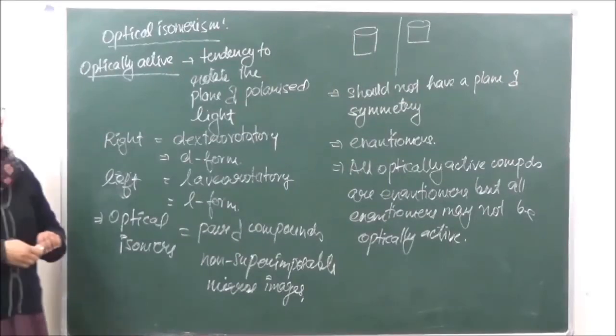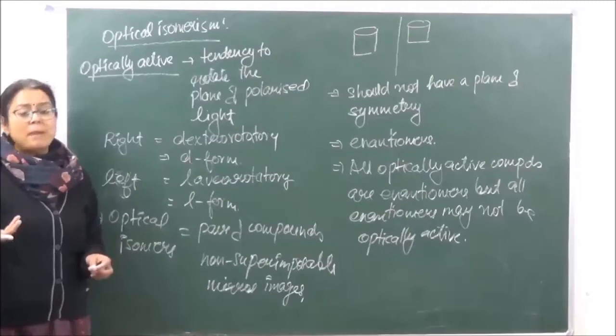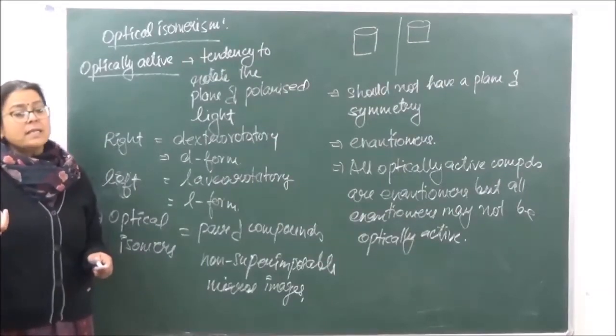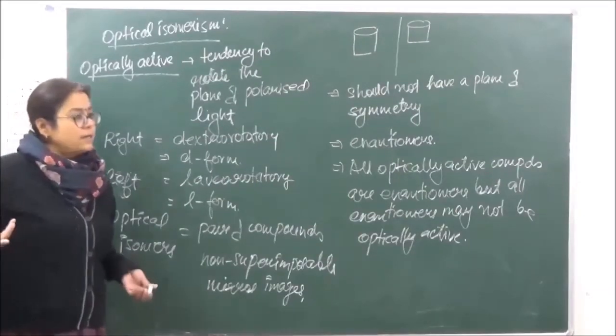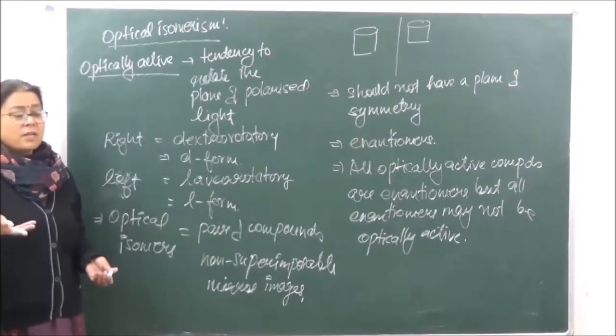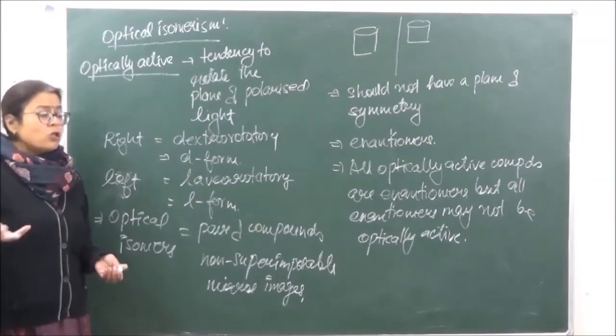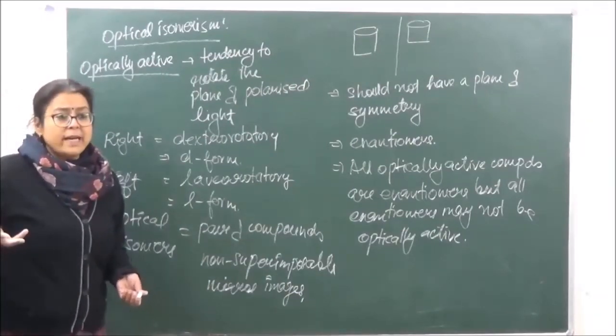Now optical isomerism exists very rarely in square planar complexes because they are all symmetrical. Therefore, those compounds are not going to be optically active.